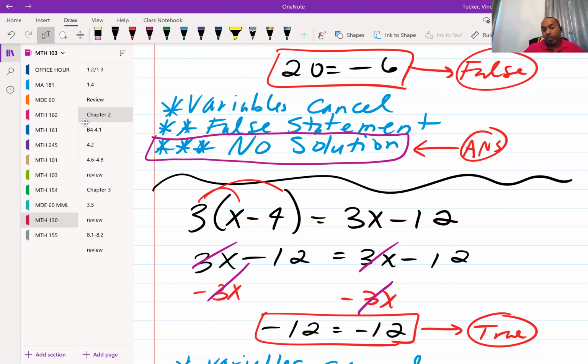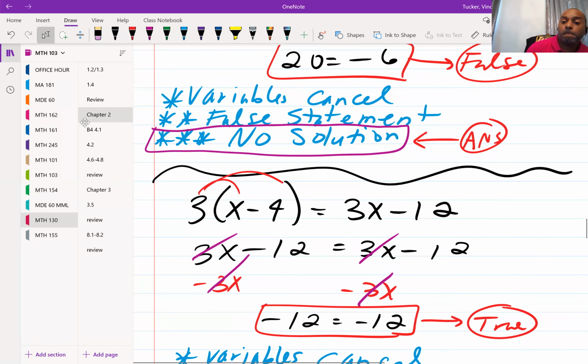You could have had 0 equal to 0, depending on when you did things, but the bottom line is you would have had a true statement. 12 is equal to 12.